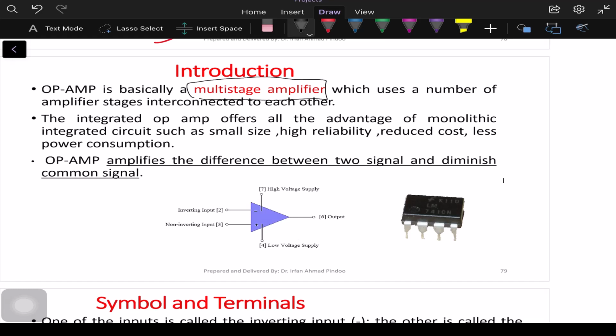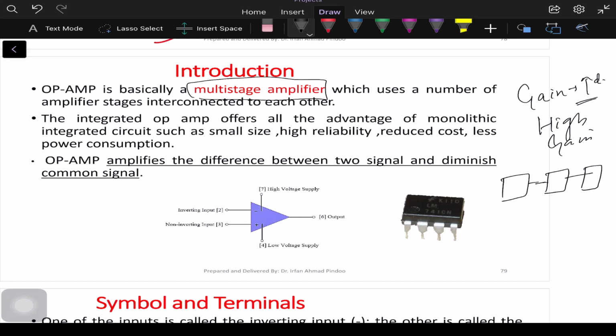It means there are multiple stages of amplifiers connected in cascade, and the overall effect is that the gain is increased to a very large quantity. So operational amplifiers have a very high gain because of the multi-stage amplifiers.